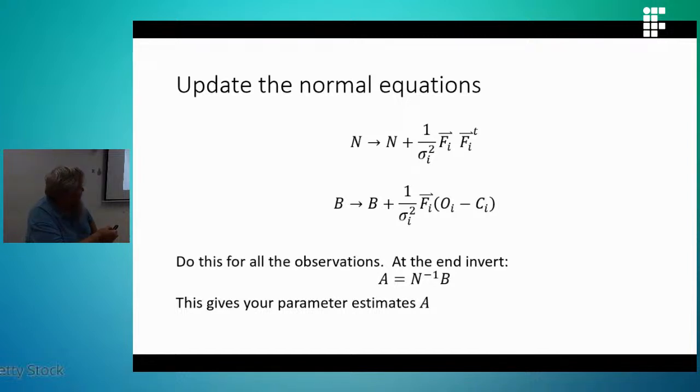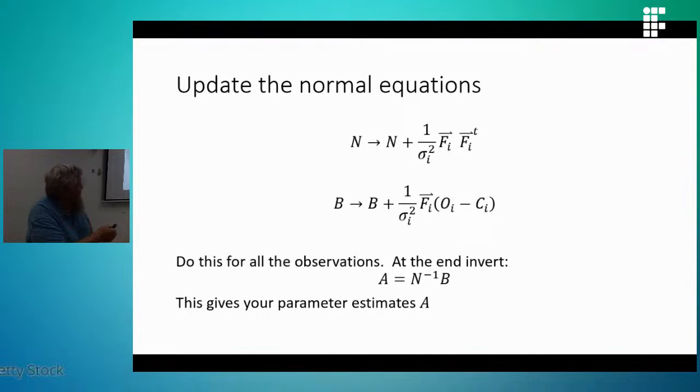The sigma squared is because of the uncertainty in the observations. So this is a very easy function to do. We just have this vector, and we multiply the components out, and we're adding in, on a 10 by 10 matrix, all these components.